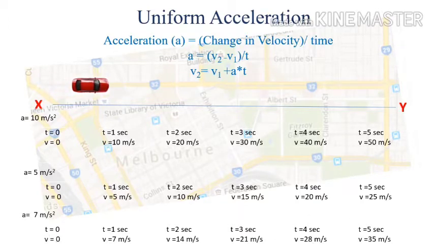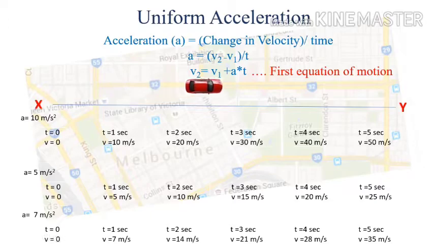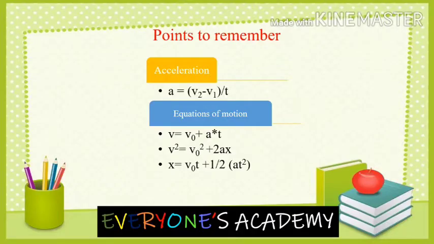If you look at the formula again, acceleration equals v2 minus v1 divided by t, and this can be simplified to v2 equals v1 plus at. This particular equation is known as the first equation of motion. Similarly, you should remember two more equations.